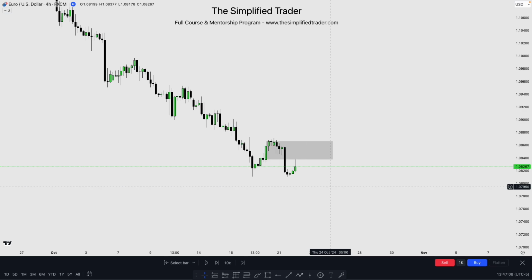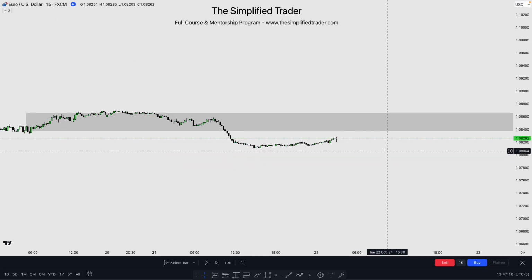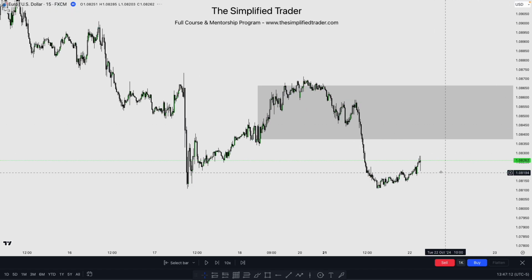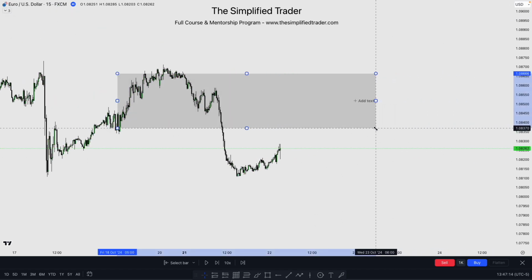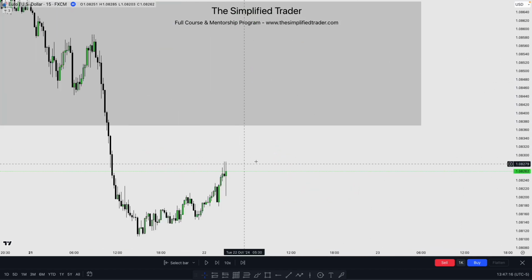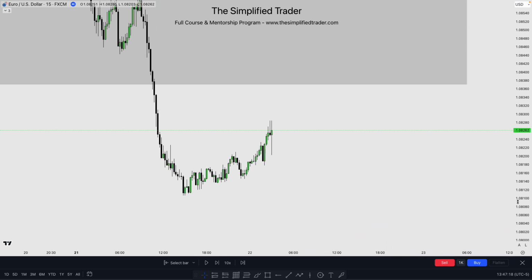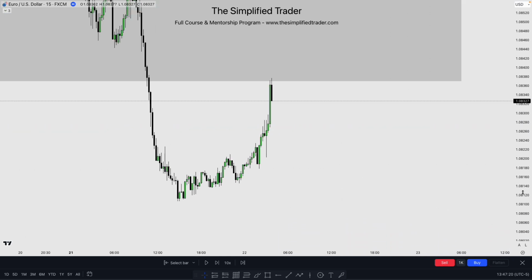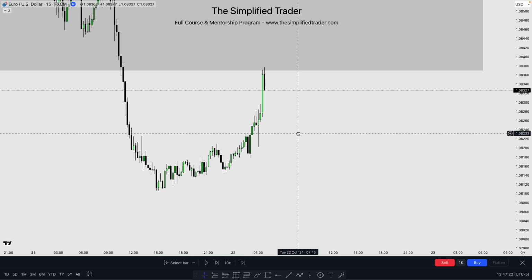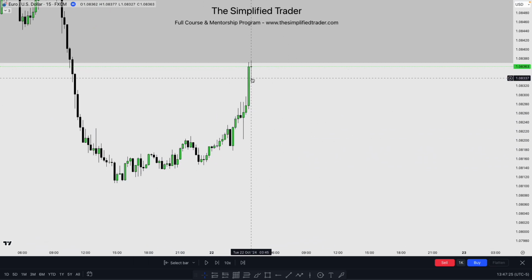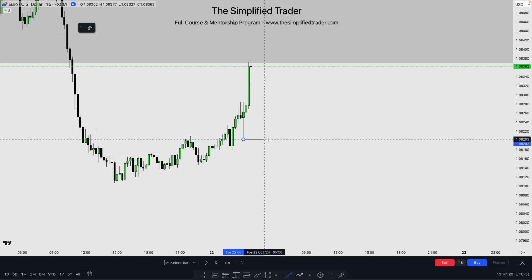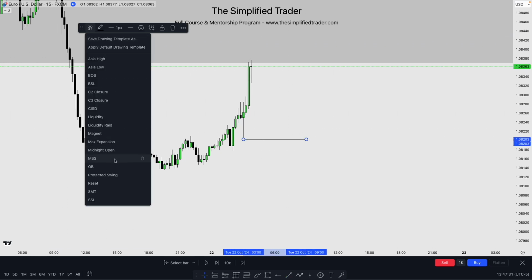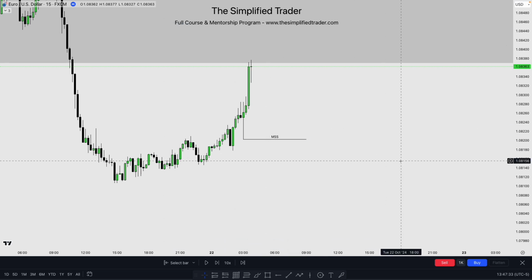Now we can drop to the 15-minute time frame and we can wait for price action to trade into this 4-hour order block. What can we see? Price action trades into the order block. So at this moment in time, my market structure shift point will be when we close below this swing low.